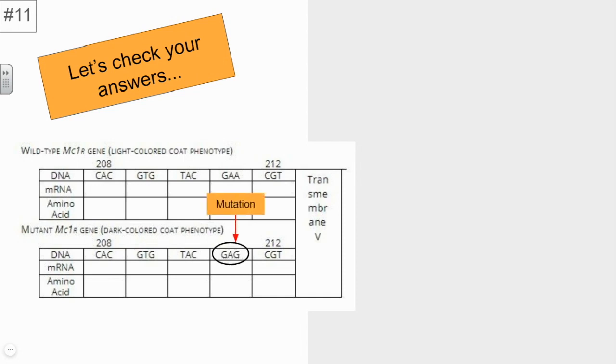Here's the mutation, the difference between the wild type and the mutant type. Filling in your mRNA sequence gives you codons GUG, CAC, AUG, CUU, GCA.